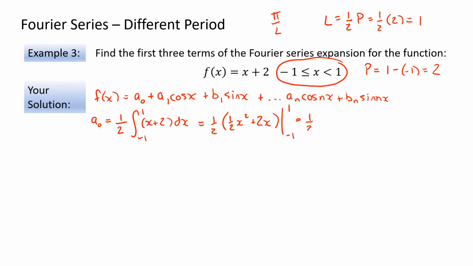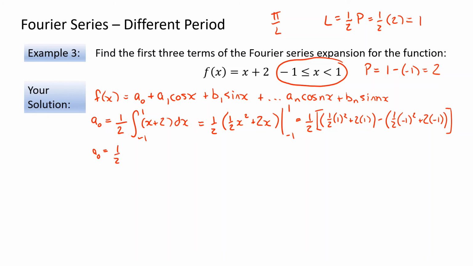If we do that, we get 1/2 times, our first function is 1/2 times 1 squared plus 2 times 1, minus 1/2 times -1 squared plus 2 times -1. Okay? So if we calculate those out, our first term becomes 1/2 times 1 squared is 1/2 plus 2, right? So if you add those up, you would get 5 over 2.